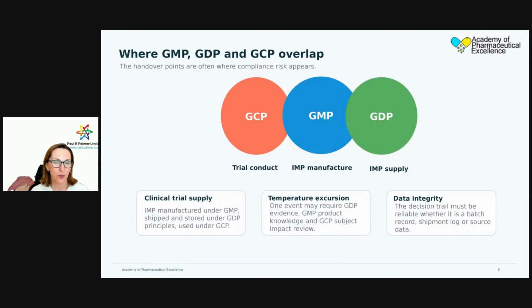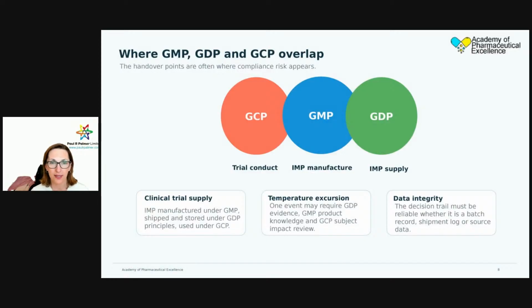So where do the three Gs, GMP, GDP, and GCP, overlap? A good example would be a clinical trial supply. An investigational medicinal product is manufactured and packaged under GMP. It is shipped, stored, and distributed using the GDP principles.